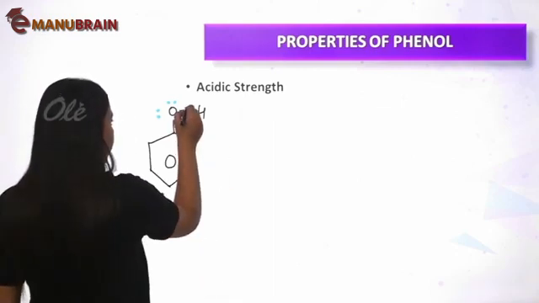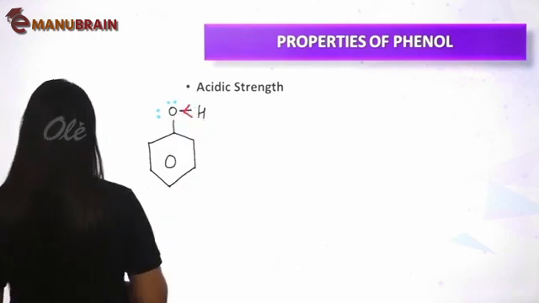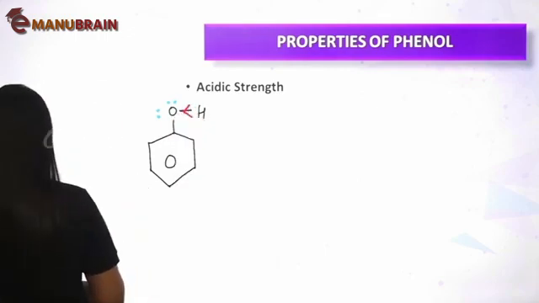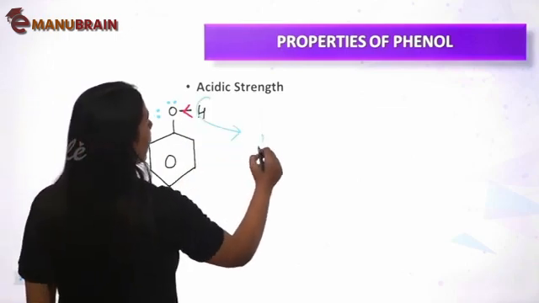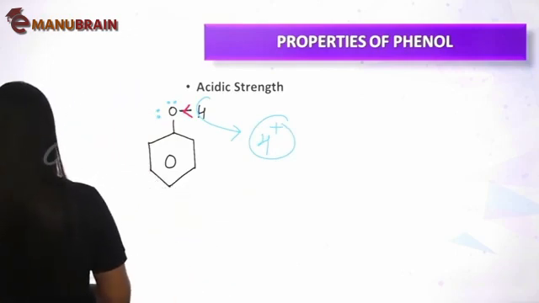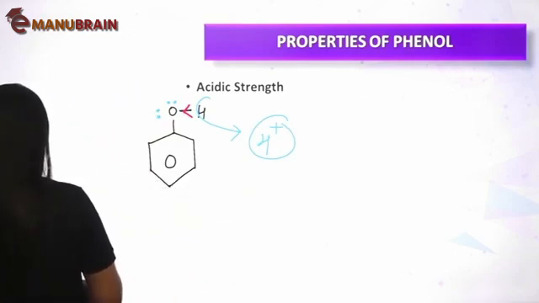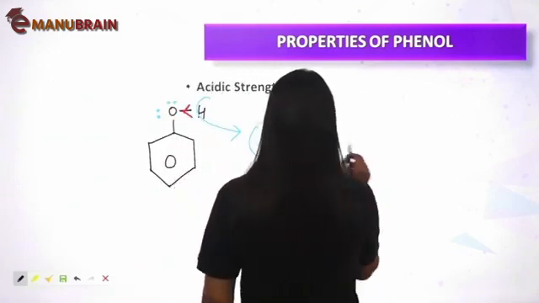So it will have the tendency to attract the electrons towards itself, and it will result in the release of this proton as H plus. And the structure that is left will be known as your phenoxide ion.